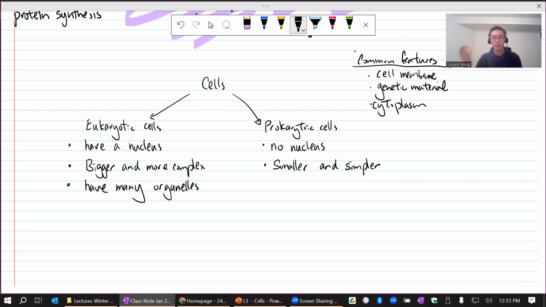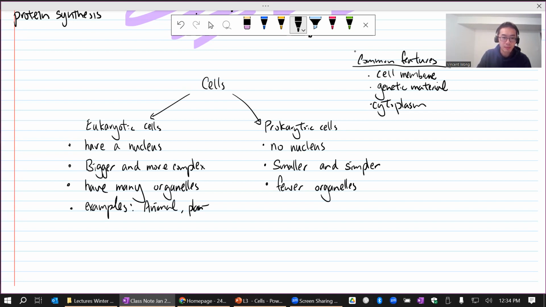We learned about the ribosomes, for example. We learned about the nucleus, the nucleolus. Whereas for prokaryotic cells, there are fewer organelles. And examples of eukaryotic cells include animal and plant cells.